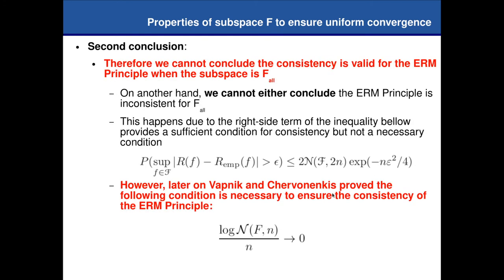You know something that's quite interesting? Vapnik, after formalizing the empirical risk minimization principle, also proved that if the limit of the log of my shattering coefficient over n approaches 0 or equals 0, learning is possible.